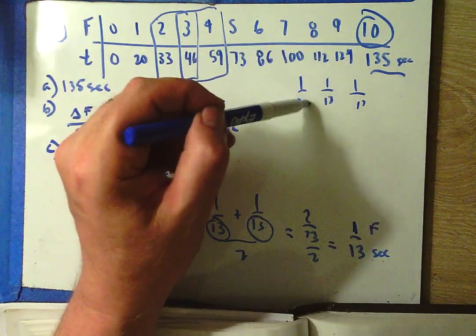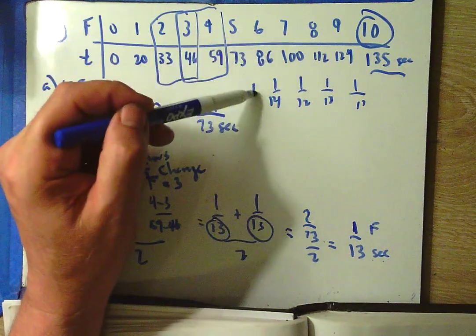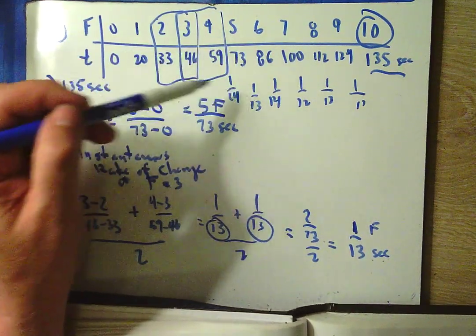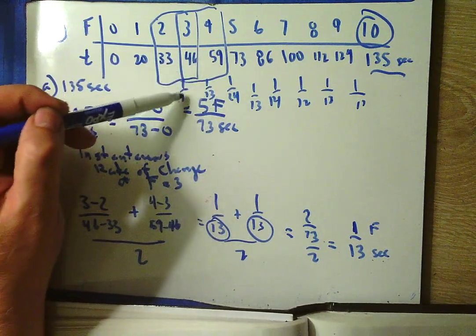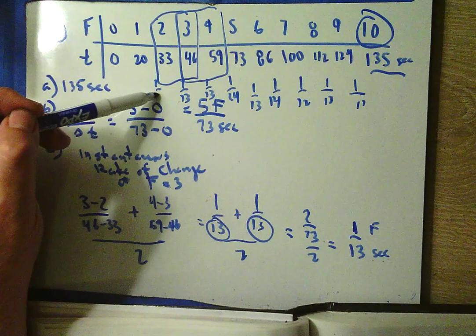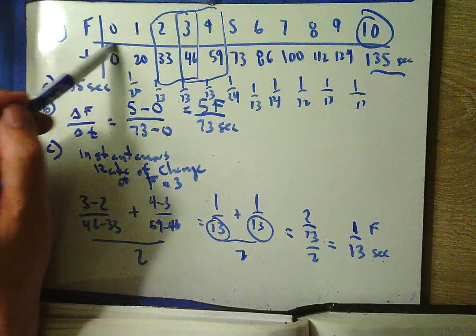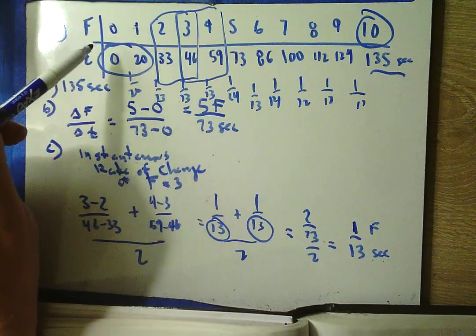And here I have 1 over 12, 1 over 14, 1 over 13, 1 over 14, 1 over 13, 1 over 13, and 1 over 20. Slow start, took 20 seconds to get up speed and travel that first furlong.